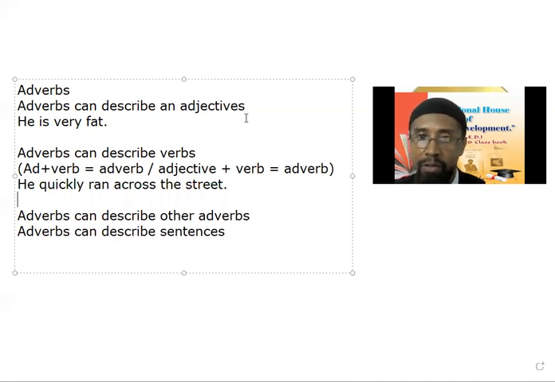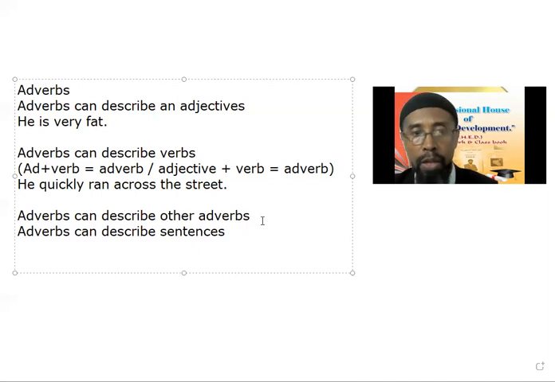Happy, adjective. Happily, adverb. So you'll find that many adverbs have ly, but not all. In some cases it will not end with ly, but that's a good indication because many of them do end with ly. So that should help you to recognize them when they have ly on the end.